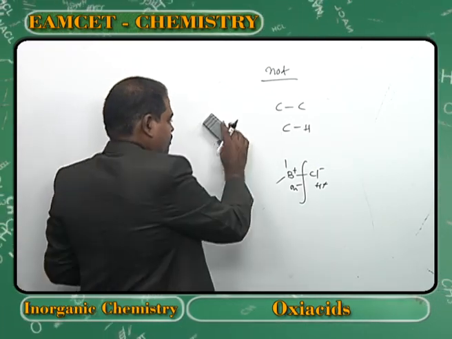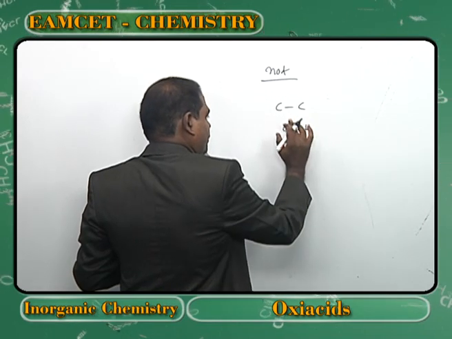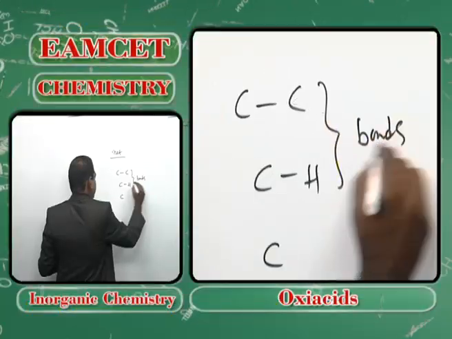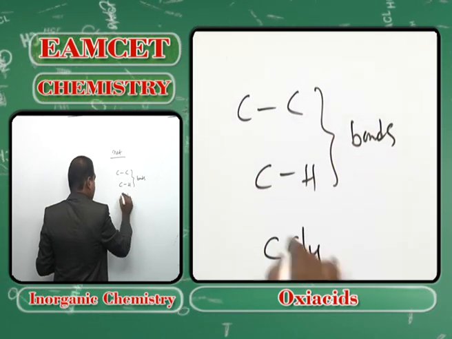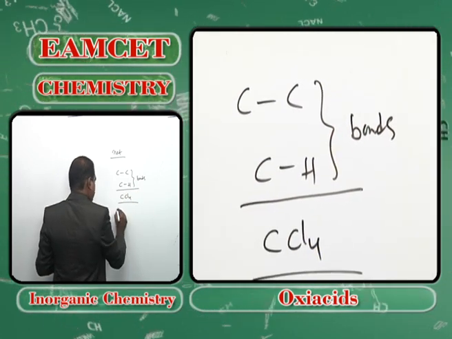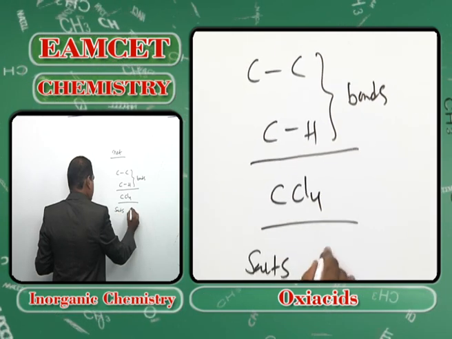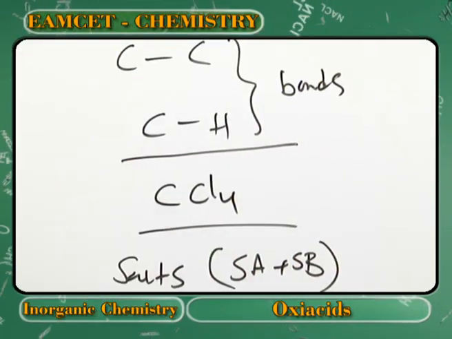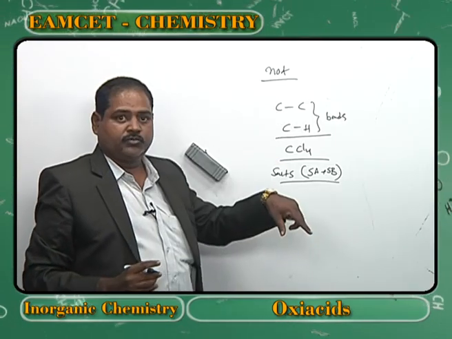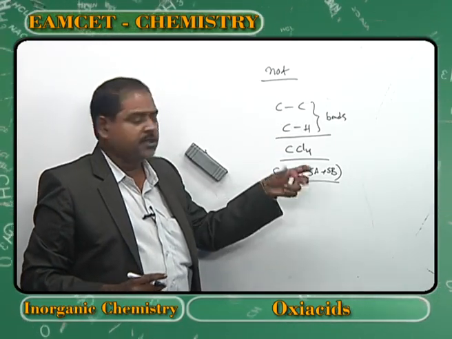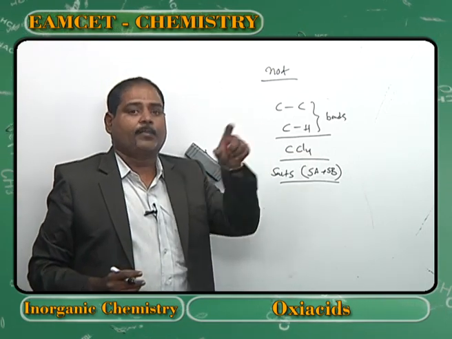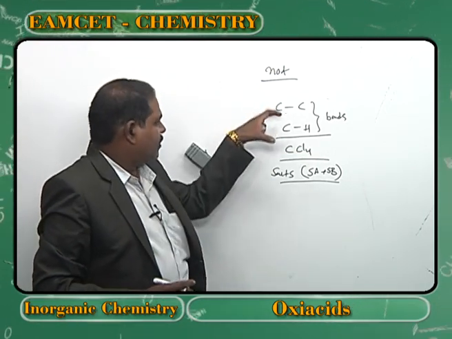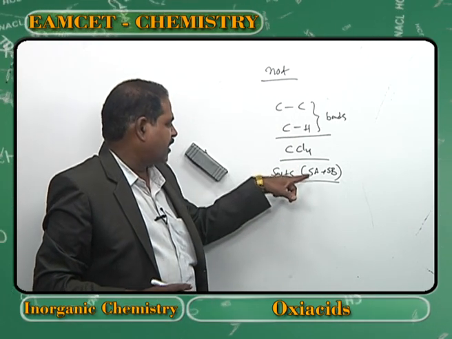So, no hydrolysis for carbon-carbon and carbon-hydrogen bonds, and CCl4 doesn't undergo hydrolysis. Salts of strong acids and strong bases, in a different context, don't undergo hydrolysis. This is salt hydrolysis. What I am teaching you is not salt hydrolysis. It is a simple procedure to predict the product. It is not exactly a shortcut, but salt hydrolysis is slightly different.